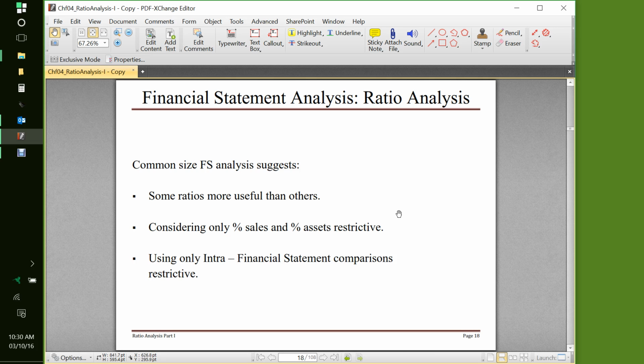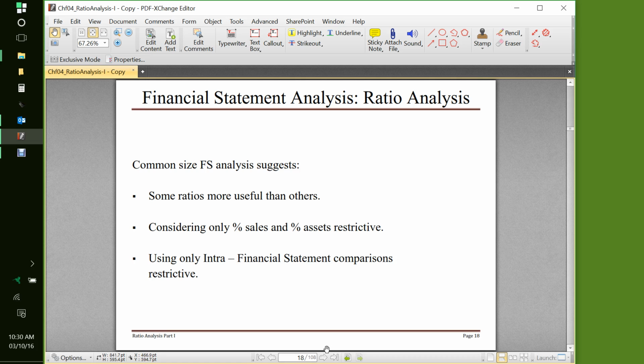And the common size statements are restrictive in that we can only compare an income statement number to an income statement number. And I'm here to tell you that neither the accounting nor the finance police are going to come in and arrest you if you make a ratio with, for example, an income statement number in the numerator and a balance sheet number in the denominator. That's something that clearly our common size statements don't allow.